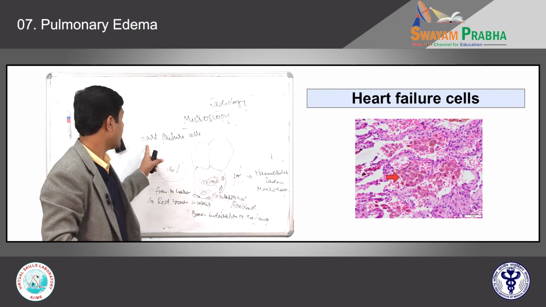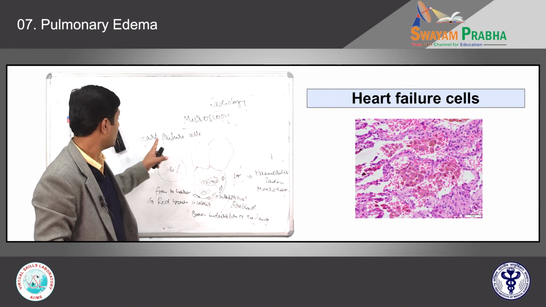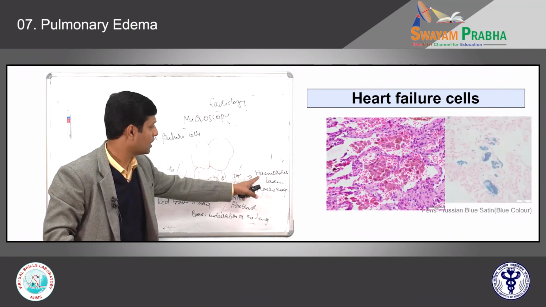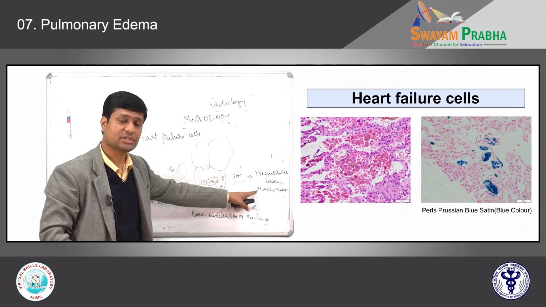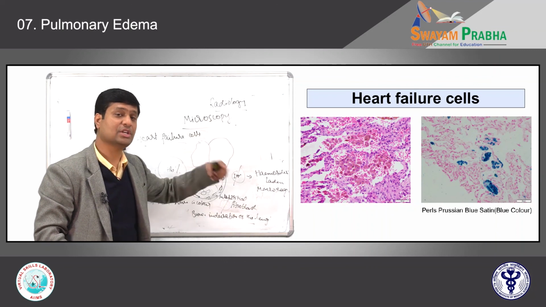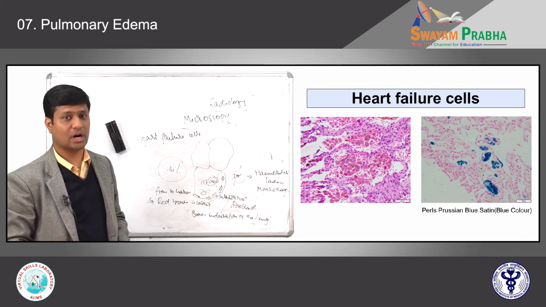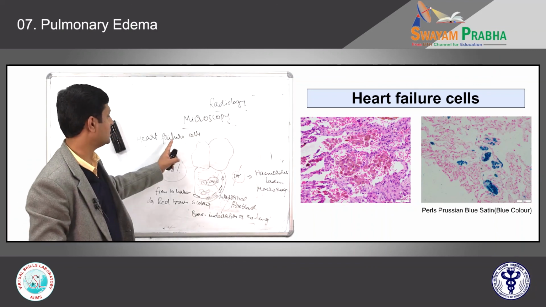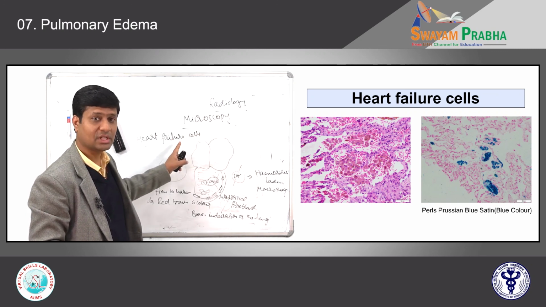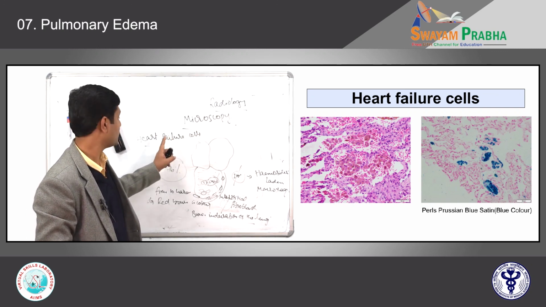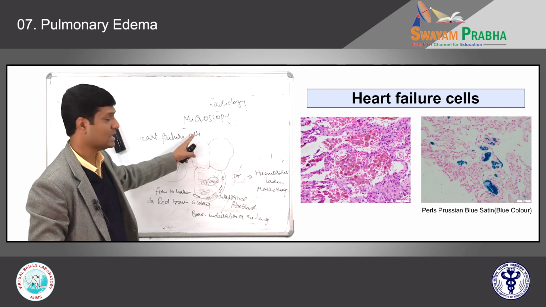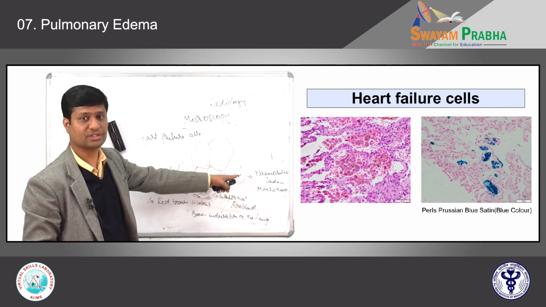Actually, it is a misnomer. Hemosiderin-laden macrophages can be seen in many conditions, but they were initially found in heart failure patients. They labeled them heart failure cells, but the terminology is still retained. For your sake, heart failure cells are nothing but hemosiderin-laden macrophages.